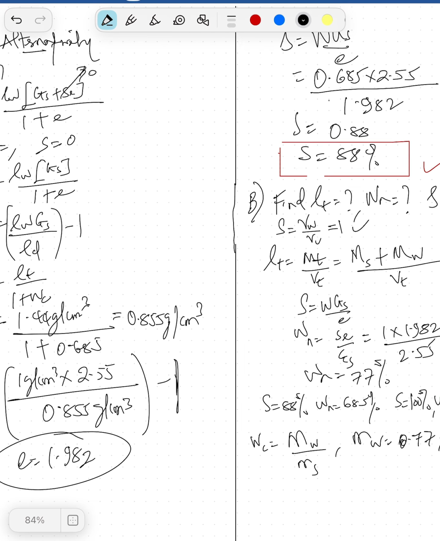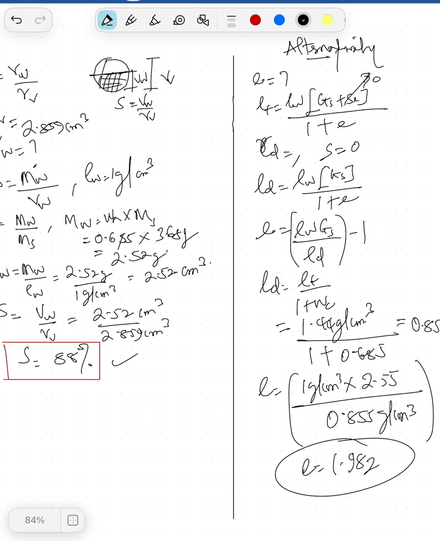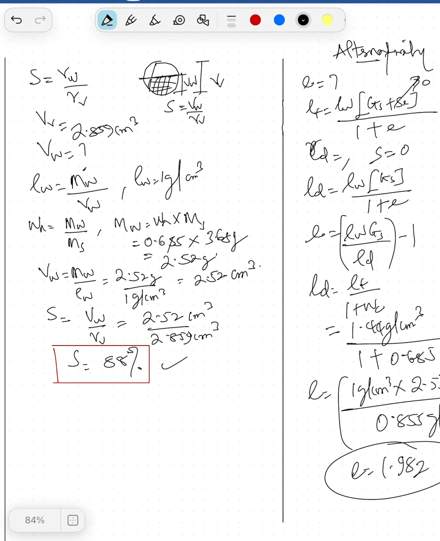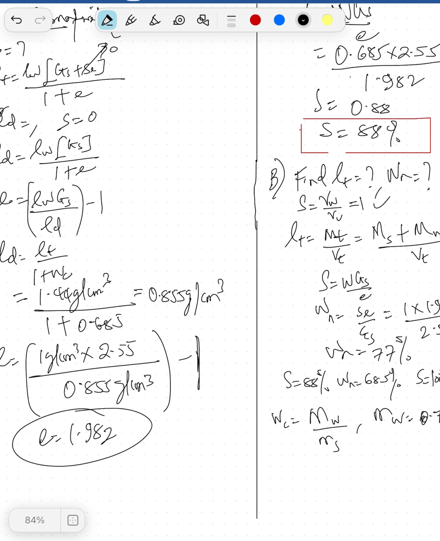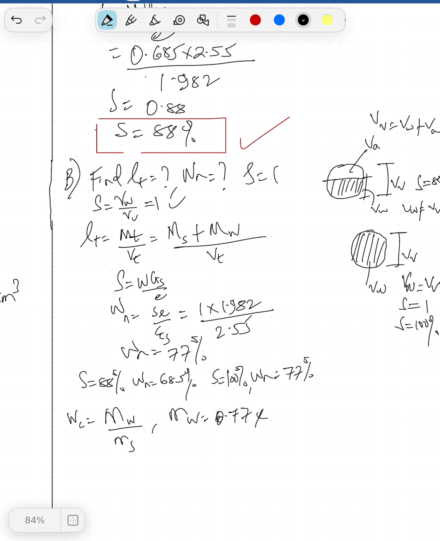We know mass of solid from before. We already calculated that. Mass of solid is 3.68 grams.